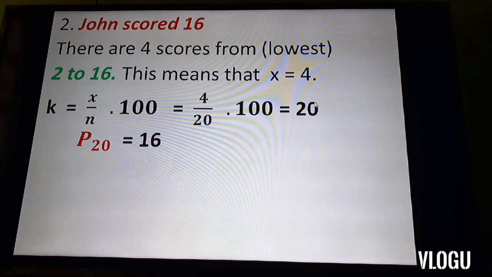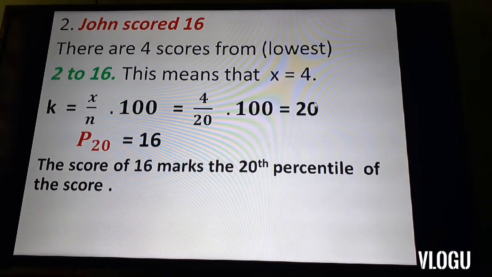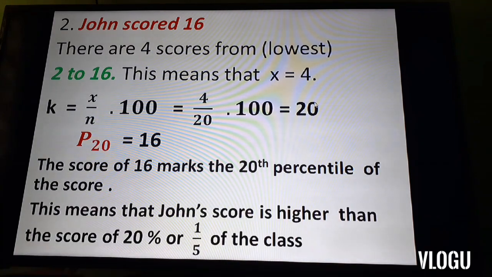Nasa 20% or position of the total scores of 20 students, which is equivalent to 16. The 20th percentile of the score, yun po yung 16 na nakuha ni Jan.